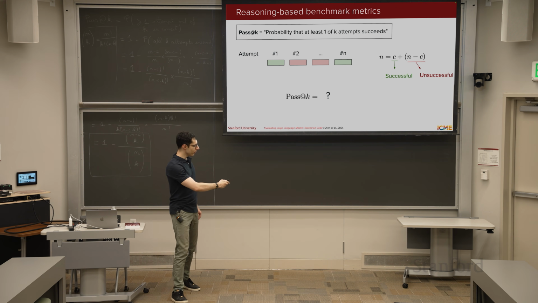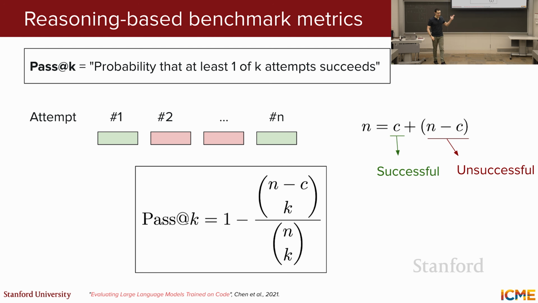The reason why I derived it is that this formula can be a little bit daunting to look at, but it's actually quite natural because it's only using some sampling without replacement considerations. And you will see in papers that people have this pass at k metric. So if you were to compute it, this would be the formula to use.